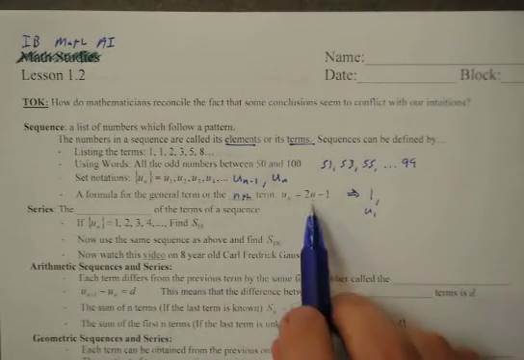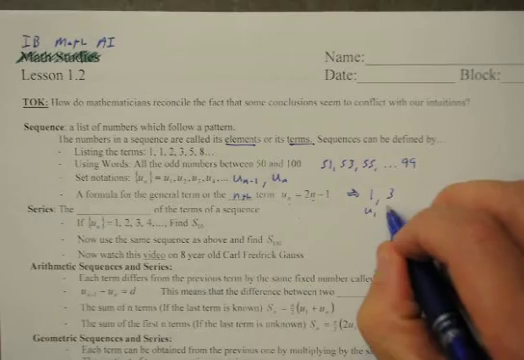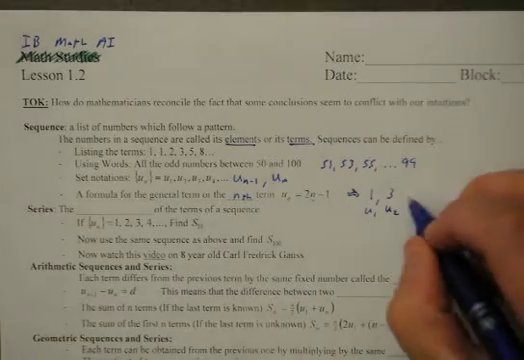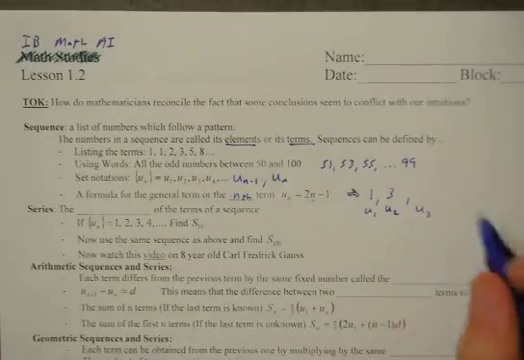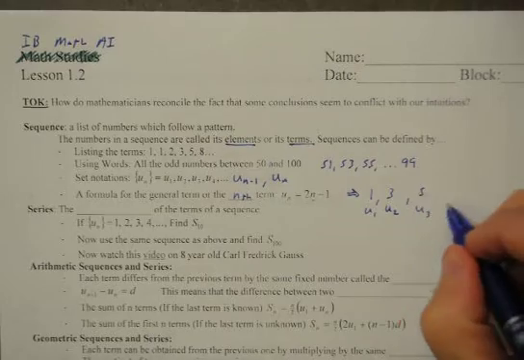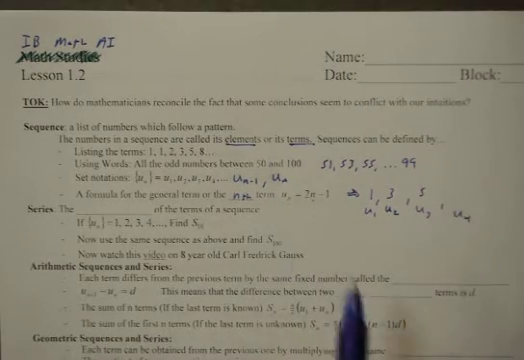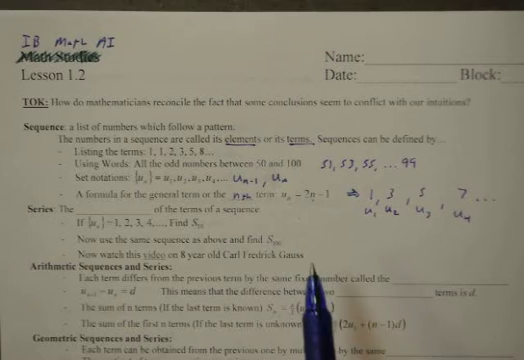And now for the second term, you plug in 2. That's 4 minus 1 is 3. That's the second term. To get the third term, we plug in 3. 6 minus 1 is 5. To get the fourth term, we plug in 4. 8 minus 1 is 7, and so forth and so on. That's what a sequence is.